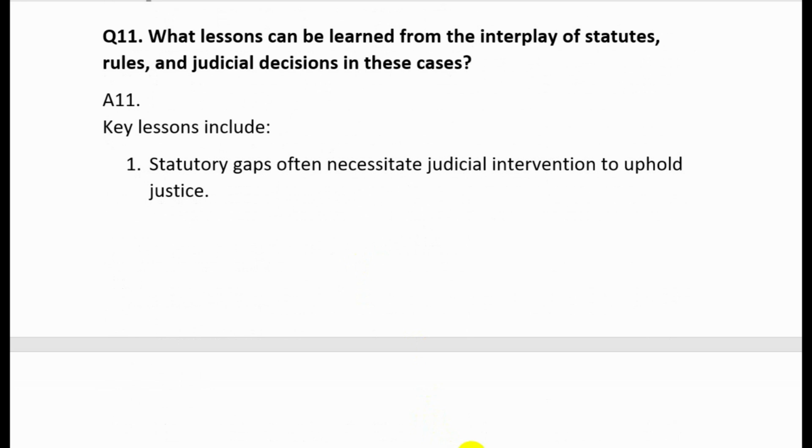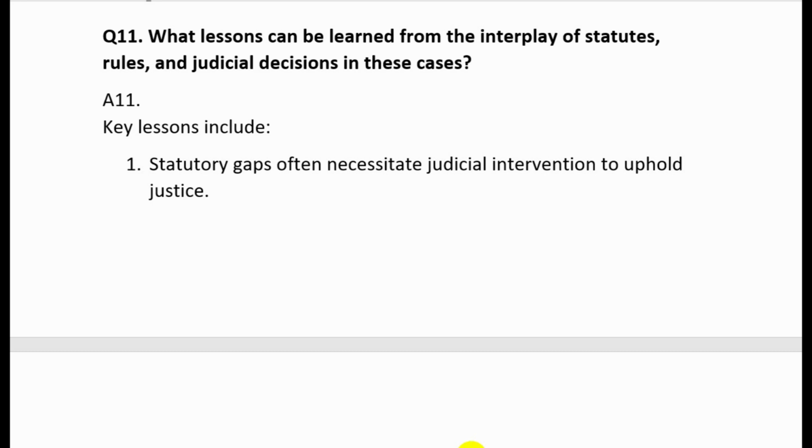Next, what lessons can be learned from the interplay of statutes, rules, and judicial decisions in these cases? So, a few of the key lessons include: first, statutory gaps often necessitate judicial intervention to uphold justice.